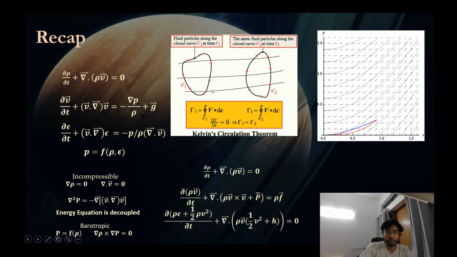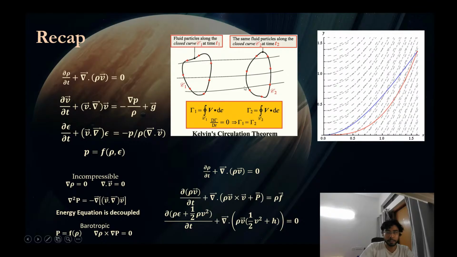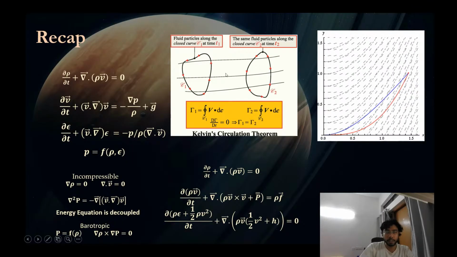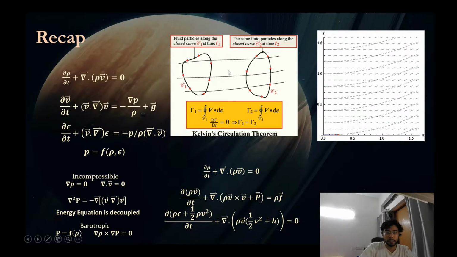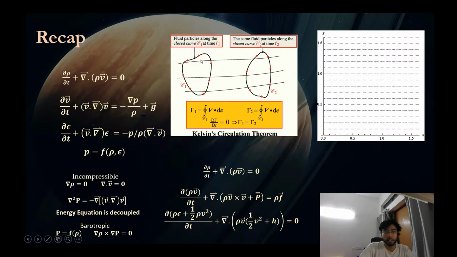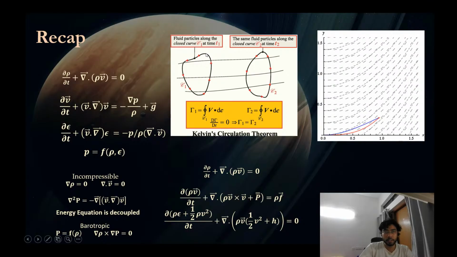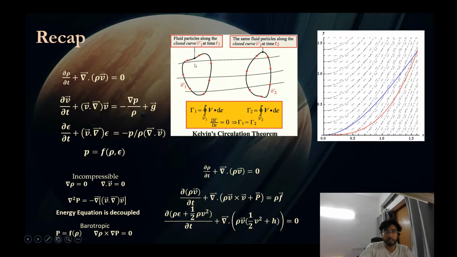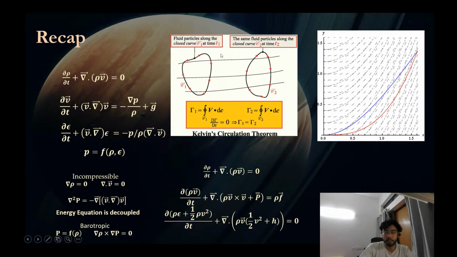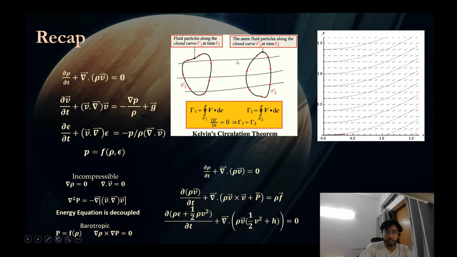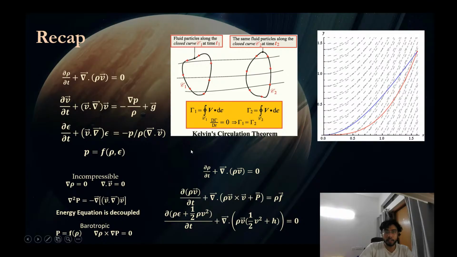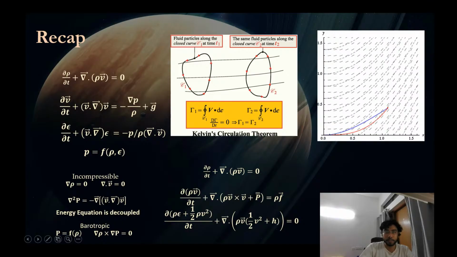So no matter what the circulation is over here, the same circulation will be over here. And that condition reduces down to the fact that the vorticity, which is defined as the curl of V, is constant within this region, actually within this loop. That is an important theorem, and maybe we'll see some of its uses later on.